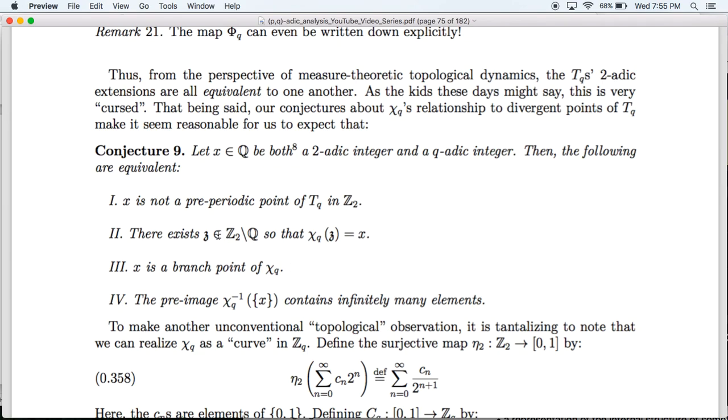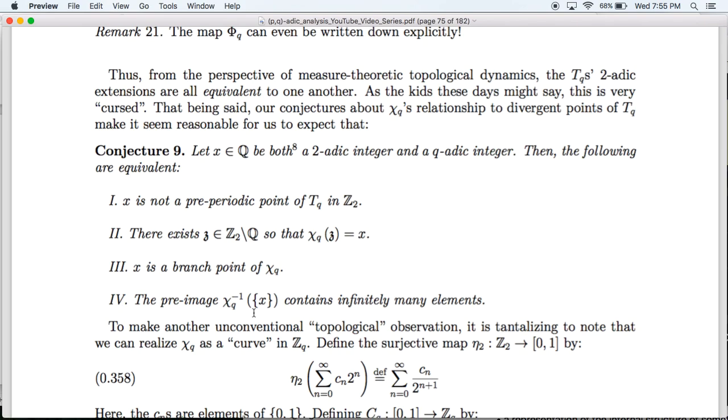There exists a z in the irrationals z such that chi q of z is equal to x. x is a branch point of chi q, and the preimage of x, the fiber of x under chi q, contains infinitely many elements.